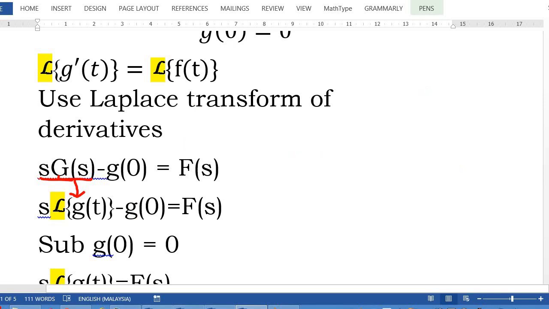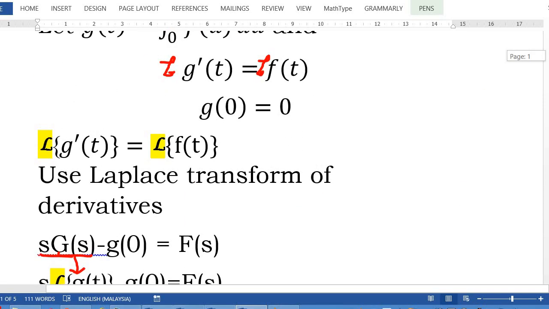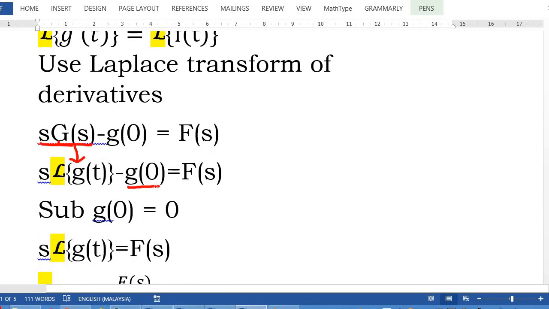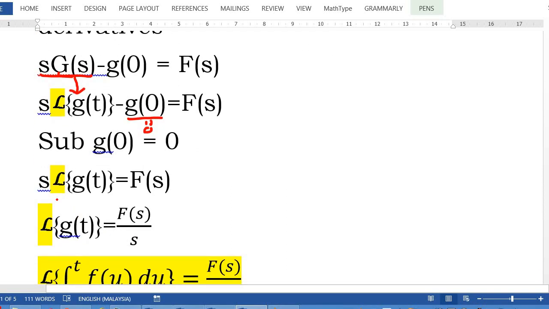Remember, we assume g(0) equal to 0. This one is equal to 0. That's why we are left with s times the Laplace transform of g(t) equal to F(s). What you want to find is the Laplace transform of g(t), hence it is equal to F(s) over s.